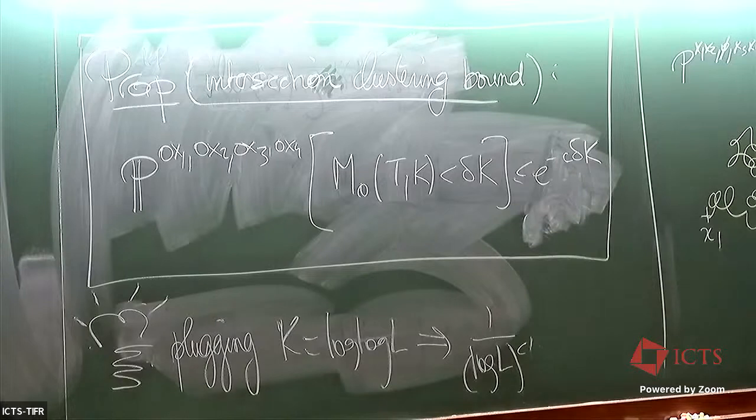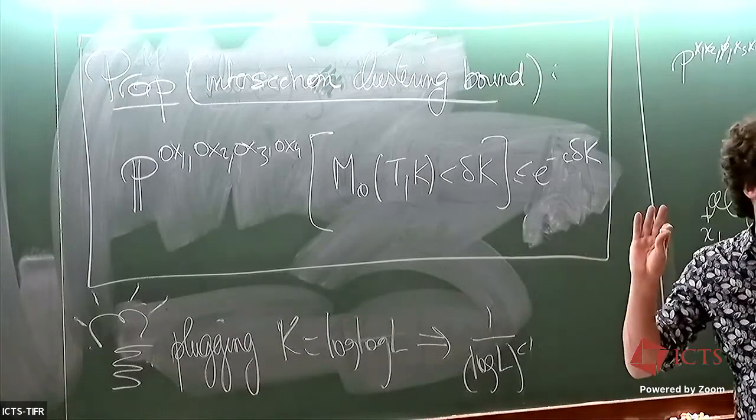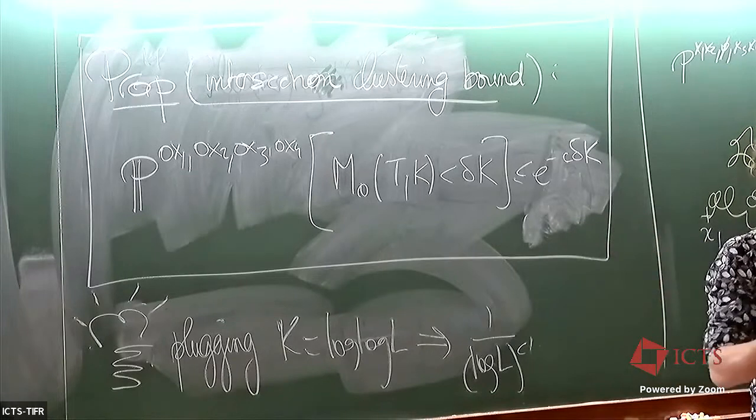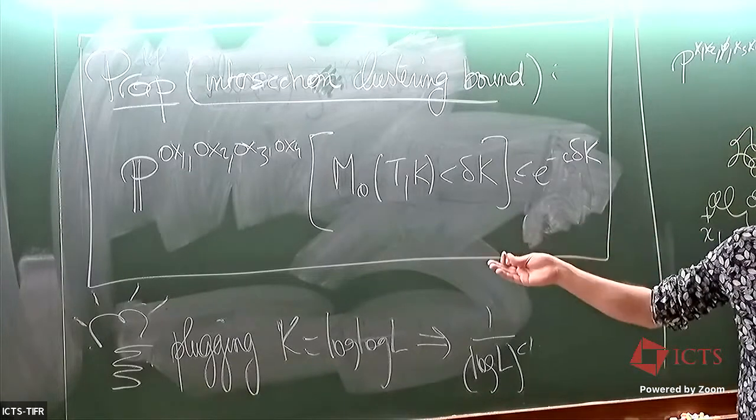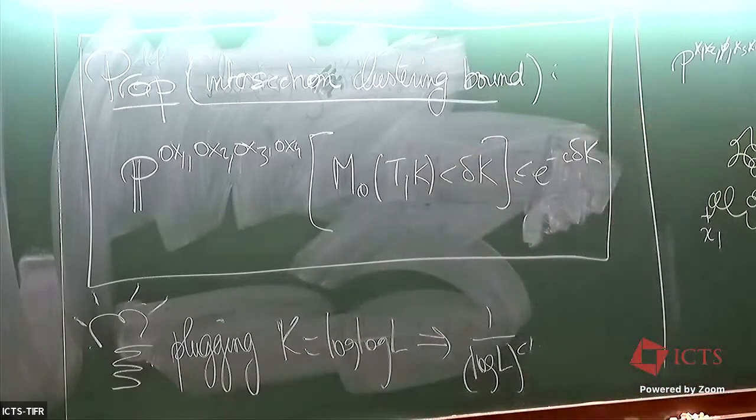Okay, so that's the core. And to be honest, all I did until now, we knew how to do it. We knew this was the way to go. If you look at the random walk analogy, this is what you would like to be doing. This is the hard part of the proof. Okay.